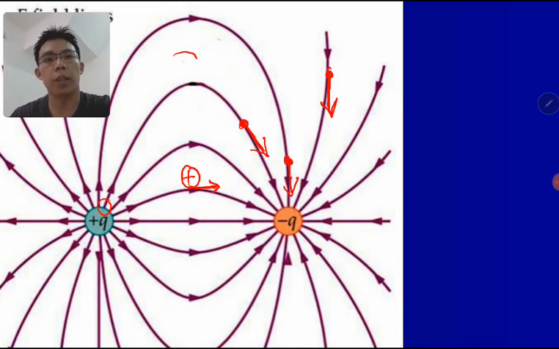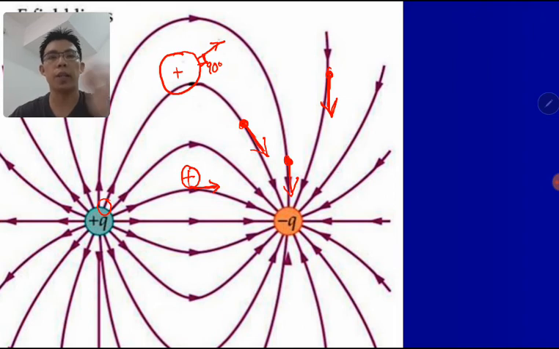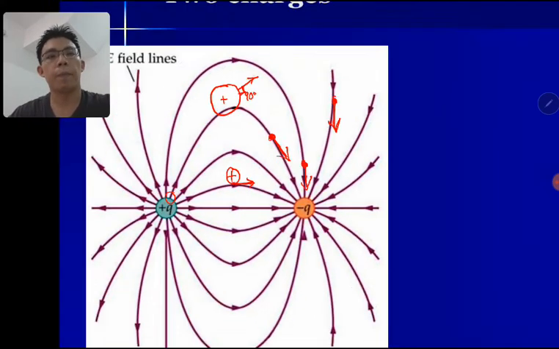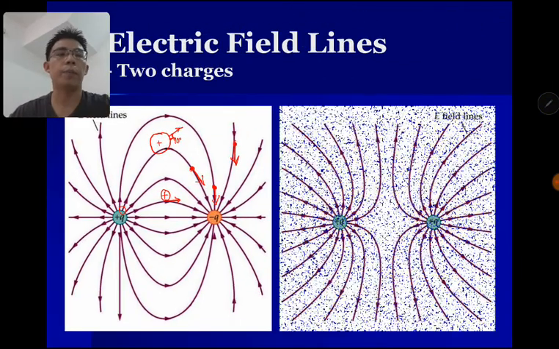Let's say this is the surface of the positive charge. As you draw, you need to make sure that this is 90 degrees. You need to know how to draw this, as it might come out in an exam question. So make sure you follow this rule, that it is perpendicular to the surface at the point that you are drawing. Okay, let's move on.